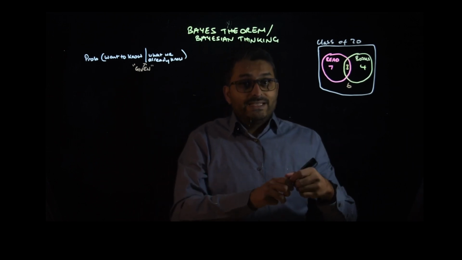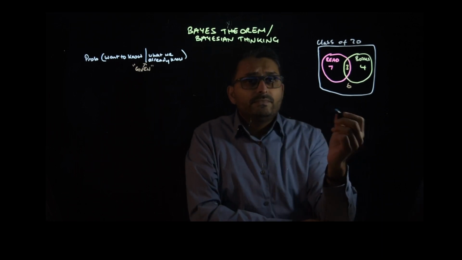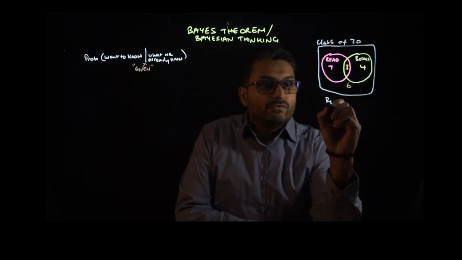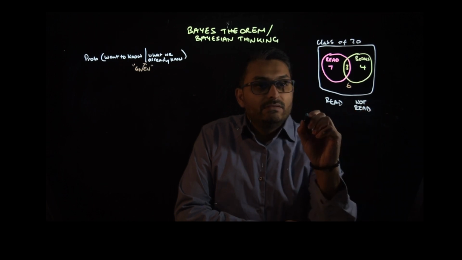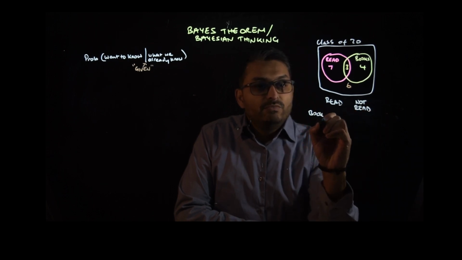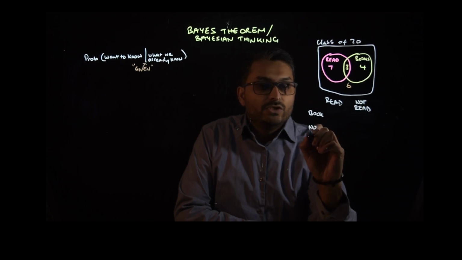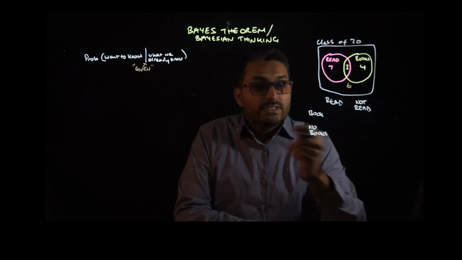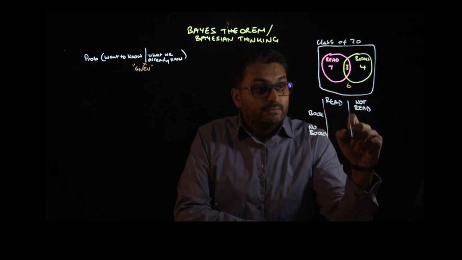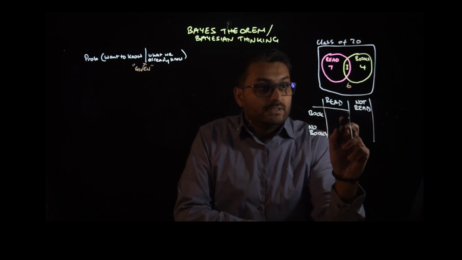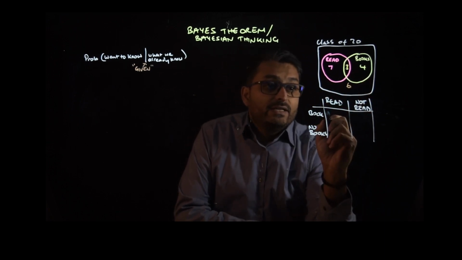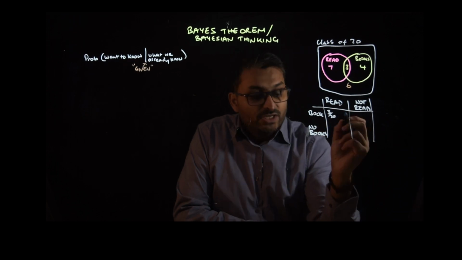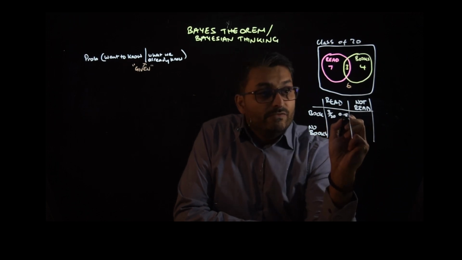Now, if I write the probabilities out in a table, let's say I've got read here, not read here, and they own books here and do not own books here. If the student owns a book and they like to read, it's 3 out of 20, which equals 0.15.